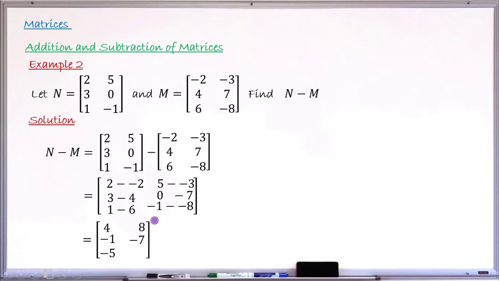And the last, minus 1 minus 8: the minus changes it to plus, so I have minus 1 plus 8, which gives positive 7. So this is the matrix N minus M.